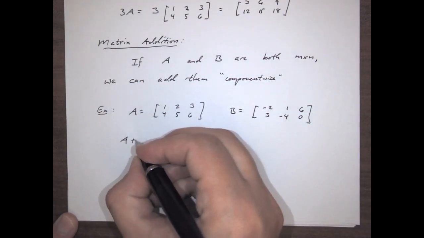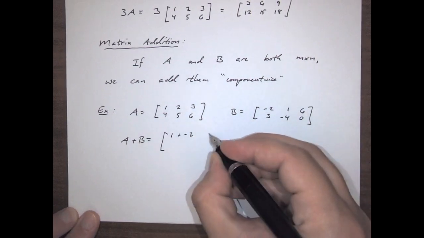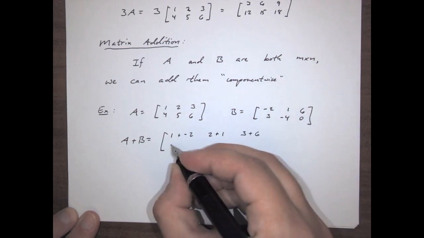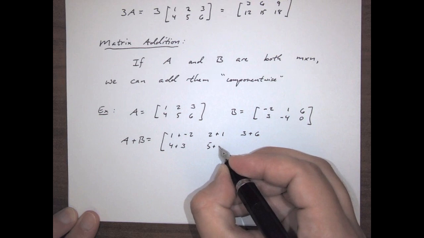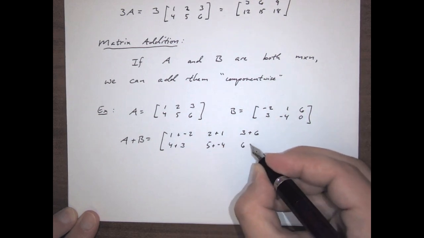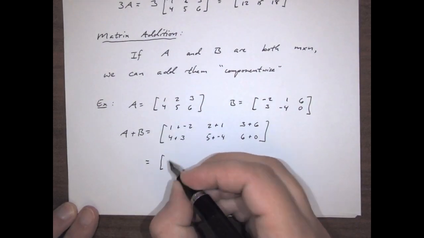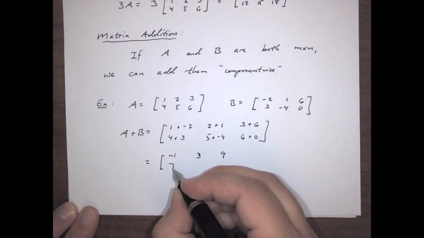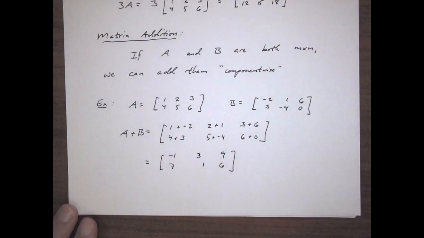So A plus B would be just 1 plus -2, 2 plus 1, 3 plus 6, 4 plus 3, 5 plus -4, 6 plus 0. And so you would just get -1, 3, 9, 7, 1, 6. Again, only defined if they are the same number of columns and the same number of rows.